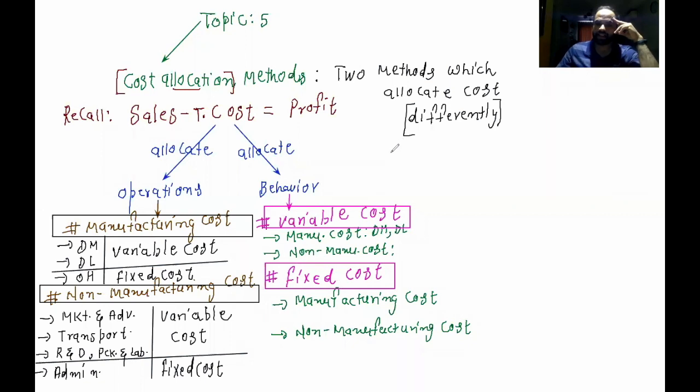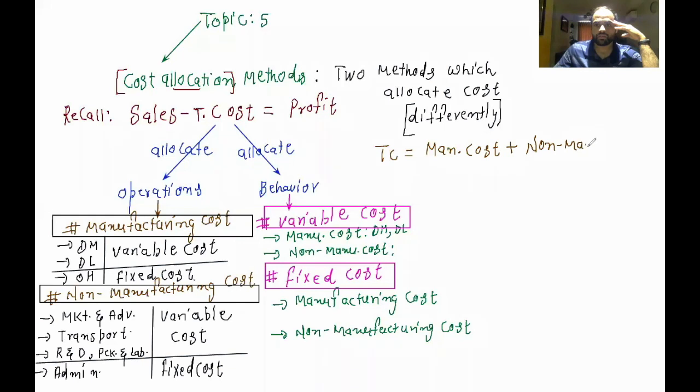So the idea is that by operations, total cost is manufacturing cost plus non-manufacturing cost, according to operations.